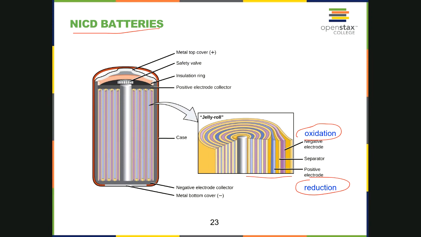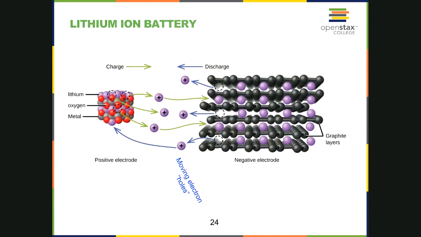And then the most modern battery is the lithium ion battery. This is responsible for some technology, electric vehicles. And in this case, things are working a little bit differently because instead of having electrons moving around in the cell, we have moving electron holes.